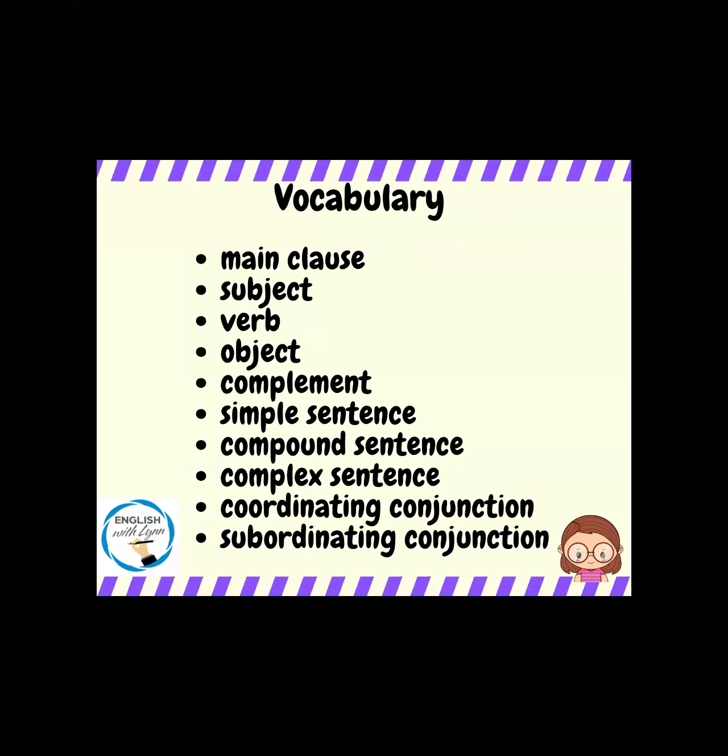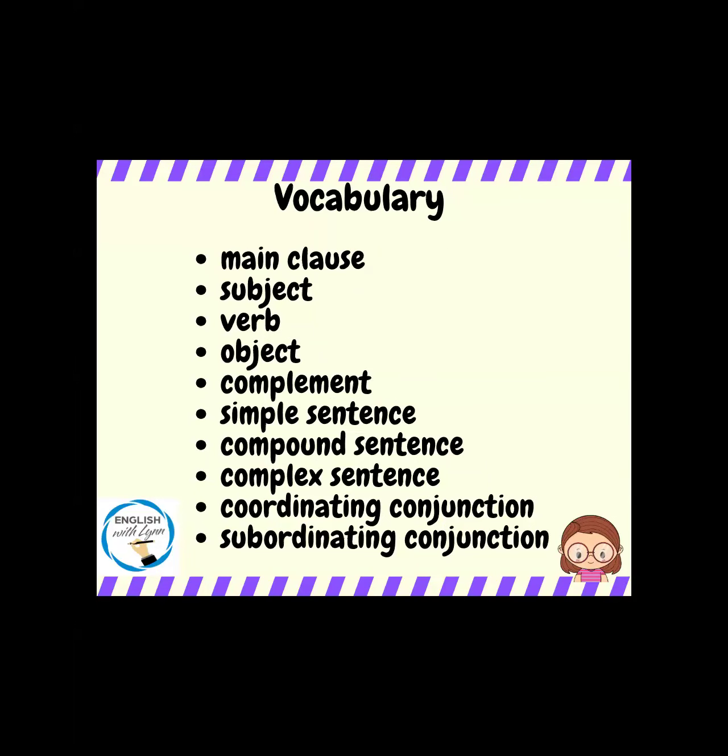So the first part of this session, we are going to focus on a main clause. And a main clause will use these next four words: the subject, the verb, object, and complement. And we will speak about what those words mean as we look at the main clauses.